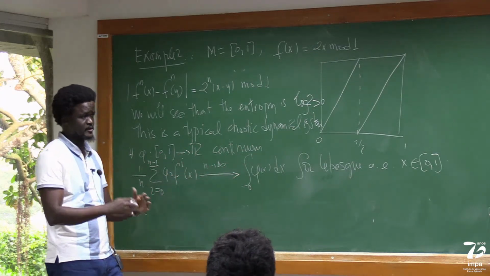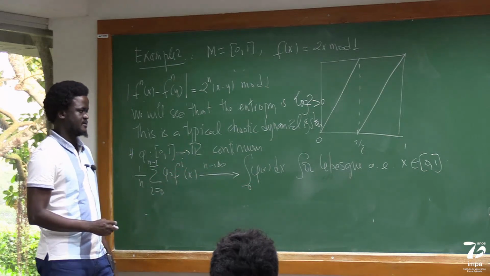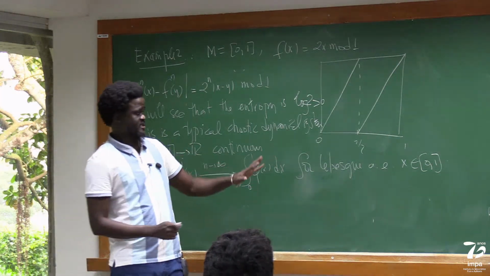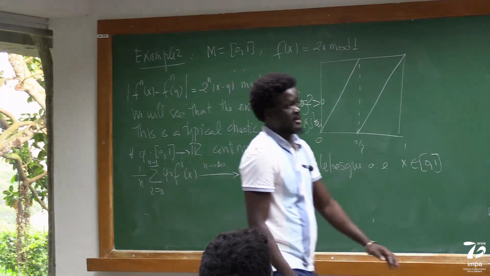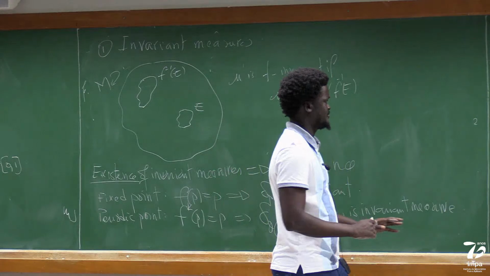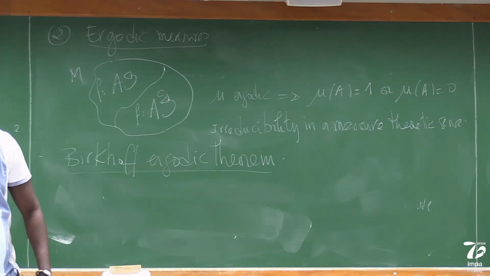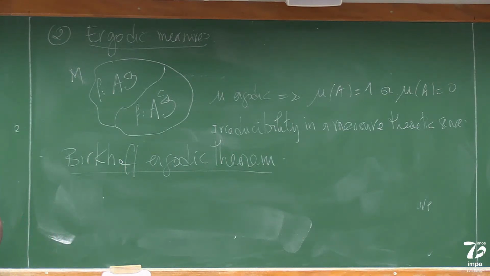This function is integrable and so on, but it doesn't tell you explicitly what the limit is. So invariance gives a type of Birkhoff theorem, but ergodicity will give the Birkhoff ergodic theorem that tells you that time average is converging to space average.